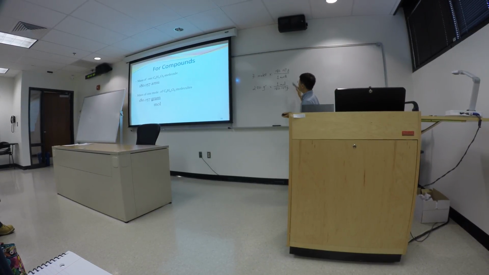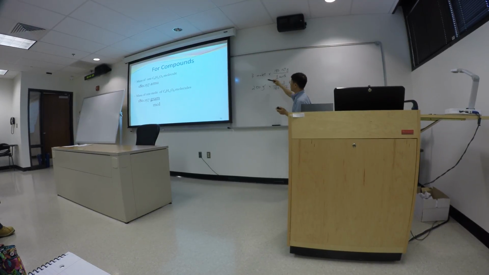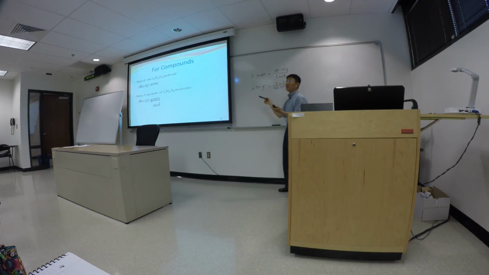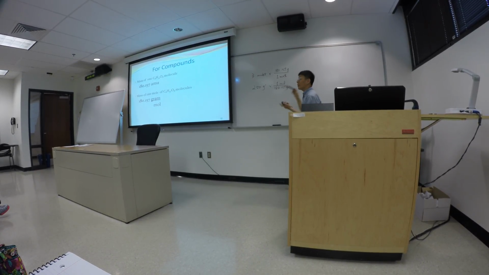So all you need to do is identify that conversion factor and plug it in, setting up the equation so that you cancel out the unit you don't want and are left with the unit you do want. This is the conversion we're trying to get into.